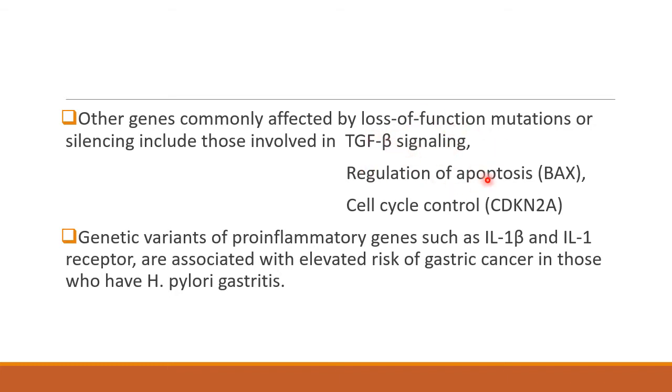Other is regulation of apoptosis, that is BAX, and cell cycle control gene, that is CDKN2A, a cyclin dependent kinase inhibitor. Then people who are affected by H. pylori gastritis have genetic variants of pro-inflammatory genes such as interleukin 1 beta and interleukin 1 receptor that are also highly associated with elevated risk of gastric cancer.